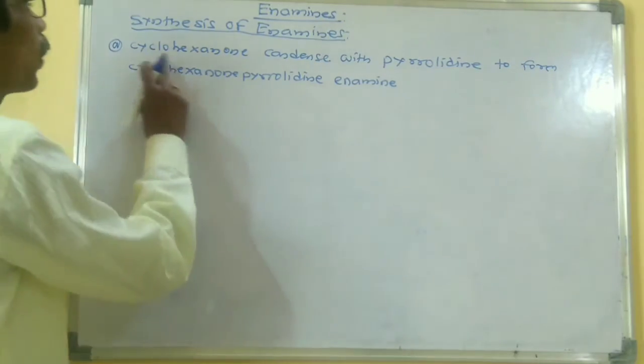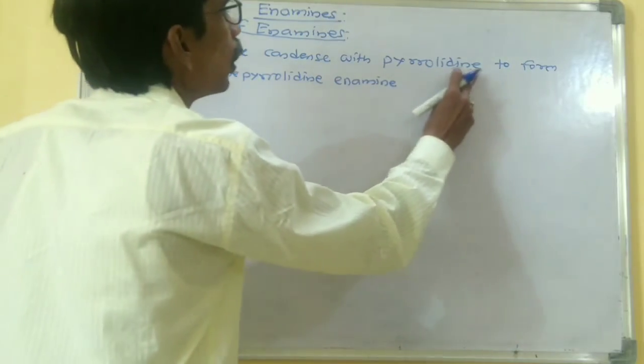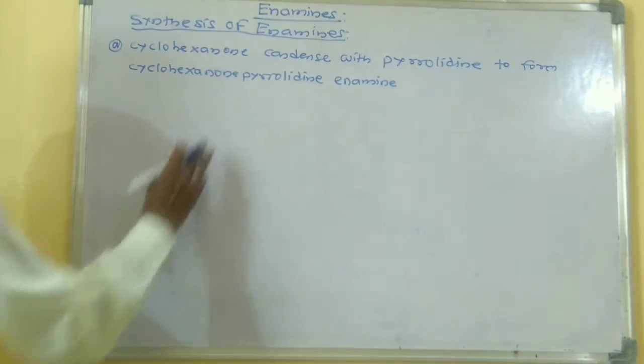So in this synthesis, cyclohexanone condenses with pyrrolidine to form the cyclohexanone pyrrolidine enamine.